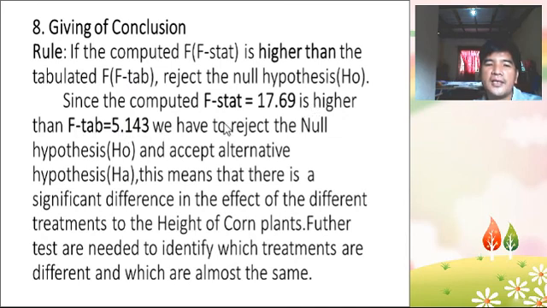We have to reject the null hypothesis and accept the alternative hypothesis. This means there is a significant difference in the effect of different treatments on the height of corn plants, meaning they are different from one another.